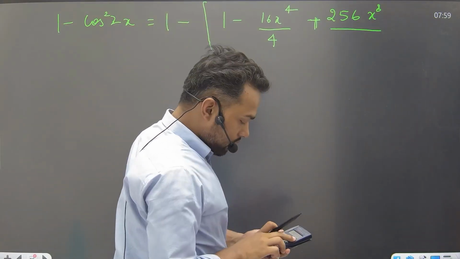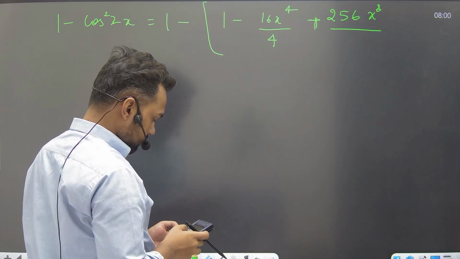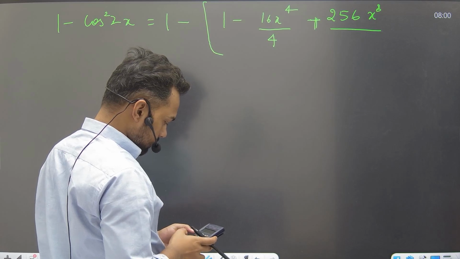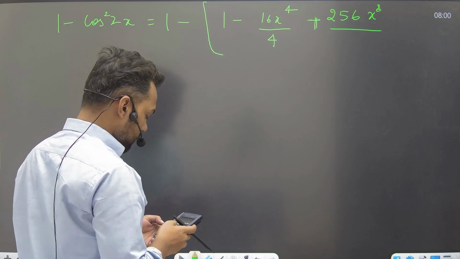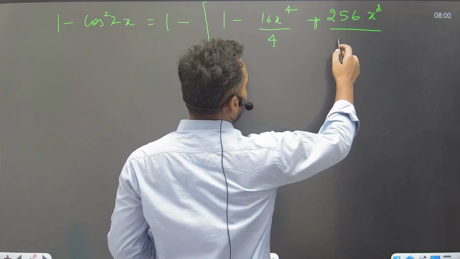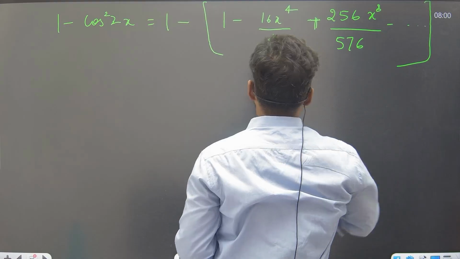So 4 factorial will be 24, 24 cross 24 is 576, minus, this series will expand.